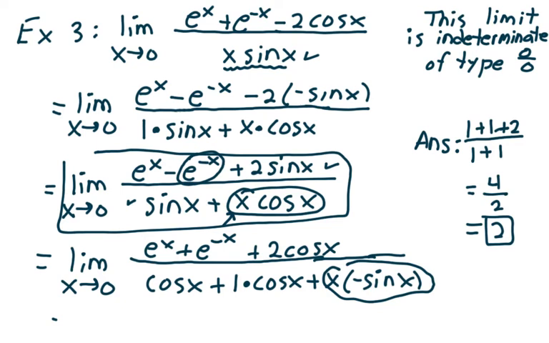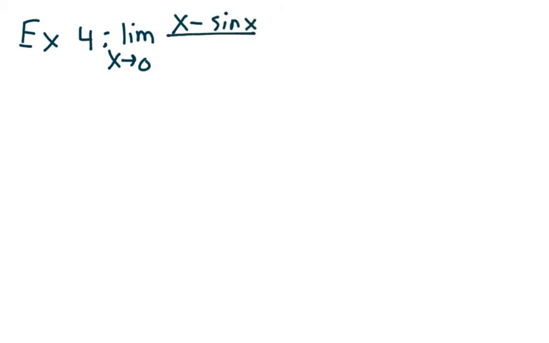So let's take a look at another one. We'll call this example 4. Suppose I had this one. Suppose I had the limit as x goes to 0 of x minus sine x divided by x sine of x squared.